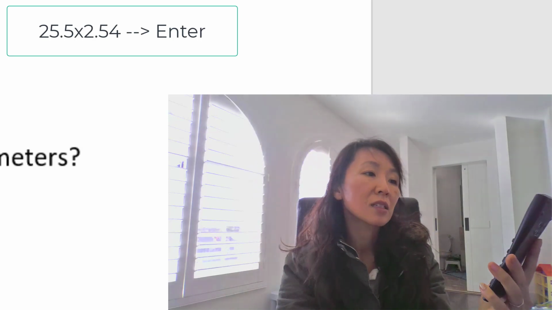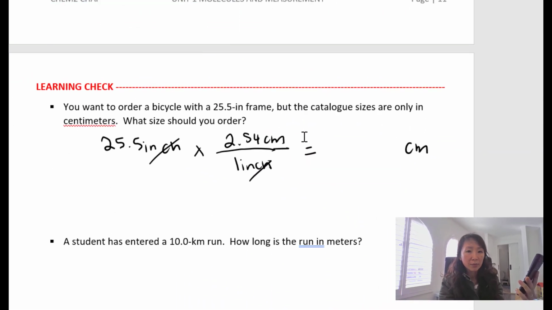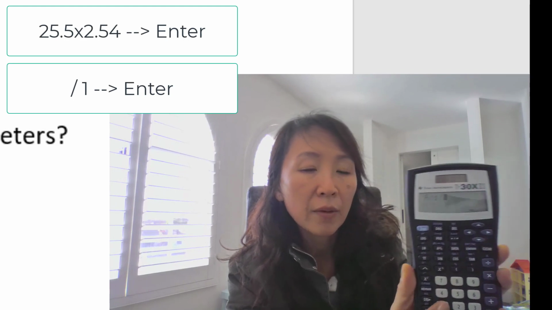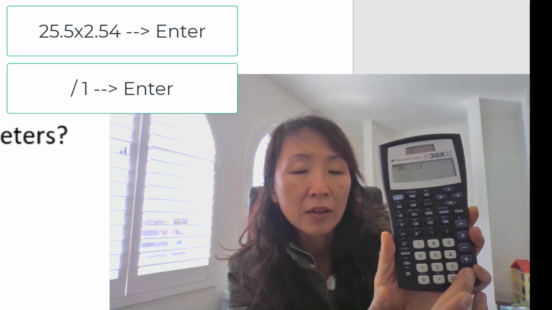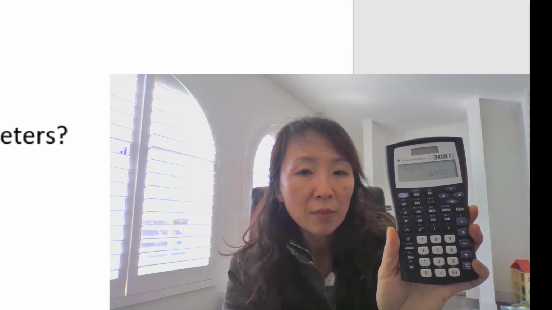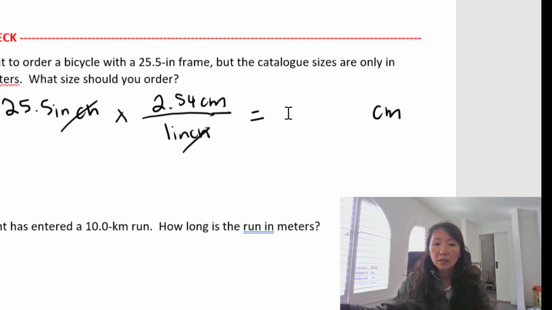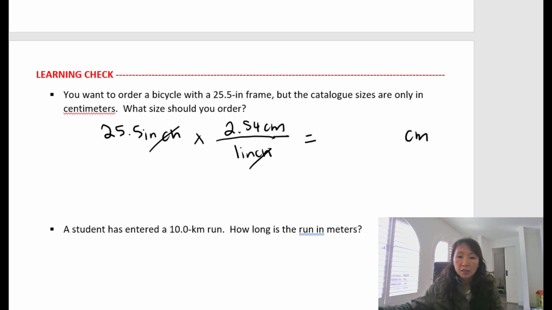And I see that it's 64.77. That takes care of everything that is on the top, or the numerator. Now this inch is on the denominator, which is the bottom. So you're going to make a division sign, and press 1 and then enter. That should give you the same answer, which is 64.77. So the answer here is 64.77.